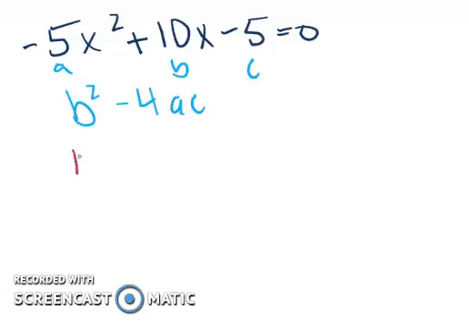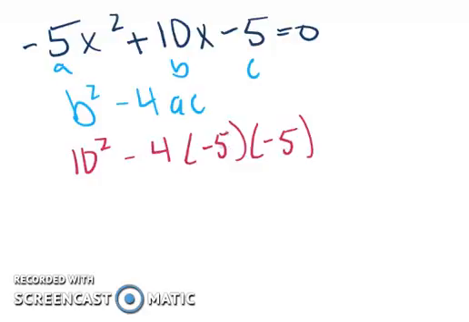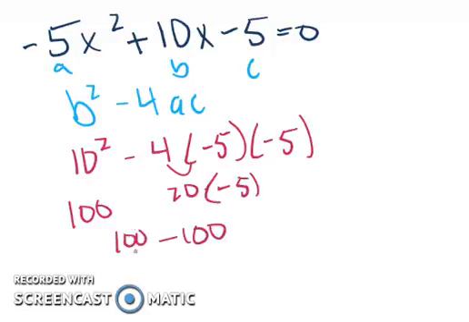And we're going to get b squared is going to be 10 squared minus 4, negative 5, and negative 5. Okay. 10 squared is going to be 100. Negative 4 times 5 is going to be 20. 20 times negative 5 is going to be negative 100. So 100 minus 100 is going to give me 0. So 0 is my answer here, which means I'm only going to have 1 solution.